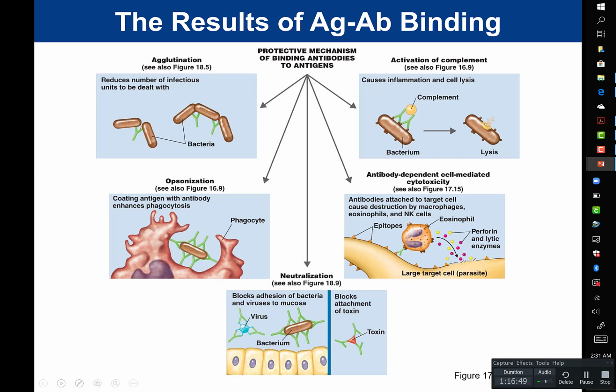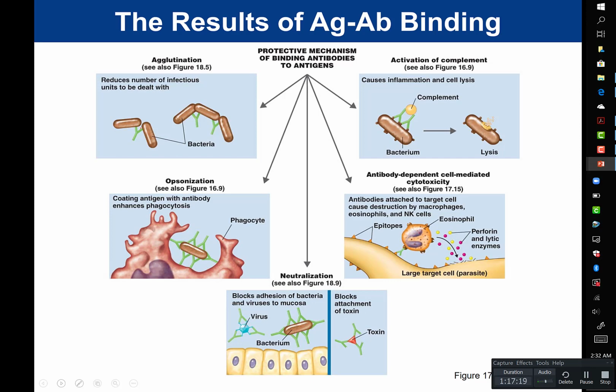So notice if we have this large target cell, phagocytosis is not a possibility because that cell is too large for the white blood cell to engulf. Instead, the immune system is going to kill it chemically. And so the antibody is going to bind to that large pathogen, that large parasite, and it's going to stimulate other immune cells to kill chemically.